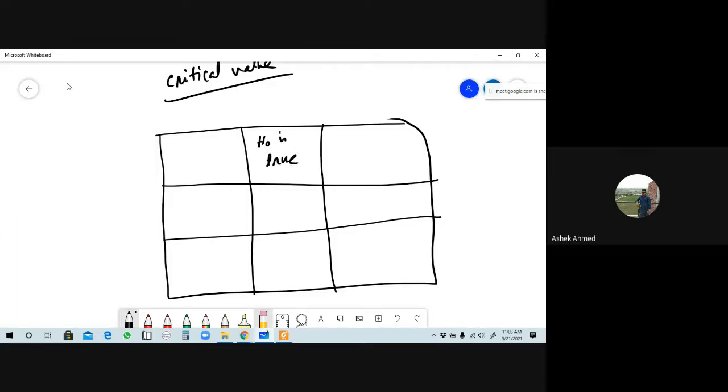H naught is true means null hypothesis is true. Okay, and in this column, the third column, is H1 is true. Okay, so the second row will be H naught is accepted. And in the third row, this represents H naught is rejected.